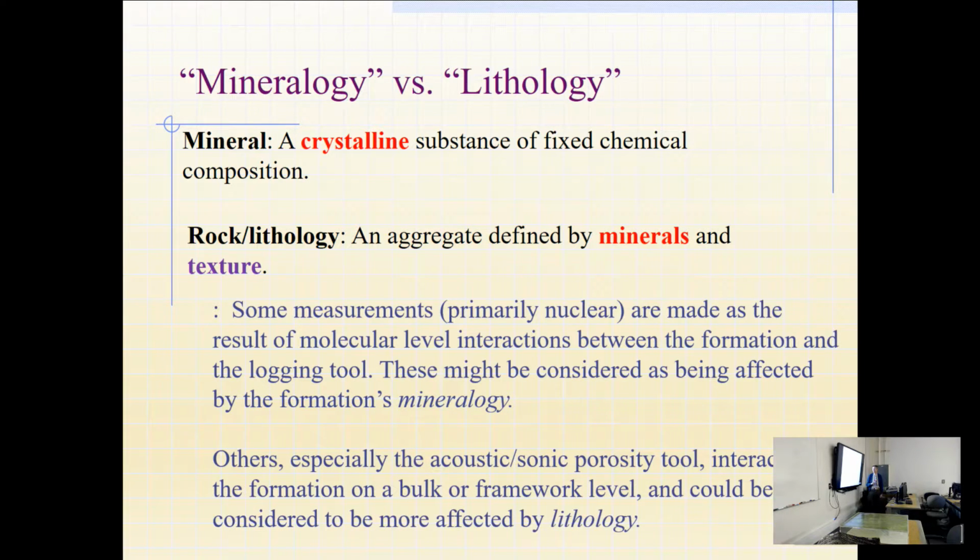Whereas other types of logs are more bulk. A good example would be the sonic or acoustic porosity log, which is just looking at the travel time, the sonic or seismic travel time through an interval of rock. So that's looking at everything. It's not responding particularly to the scattering pattern of, say, calcium sulfate. It's looking at the entire bulk.